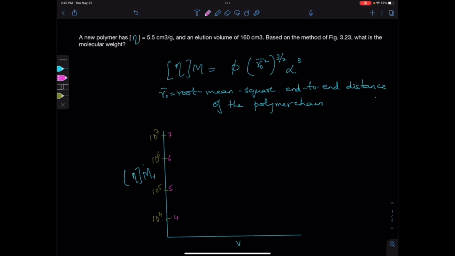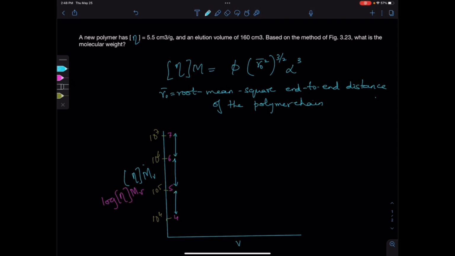So we can read them as the log of eta M on the y-axis. Distance between the adjacent points is 1.